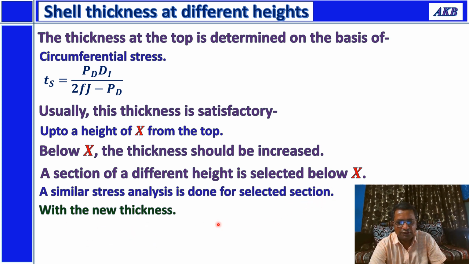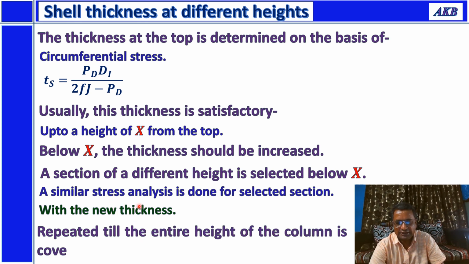So with the new thickness, you are going to do a similar stress analysis. This is to be repeated till the entire height of the column is covered. But most of the time, it will be done in the first step itself. There will be no need of considering a separate section. In this way, you have to get the thickness of the shell at different heights.